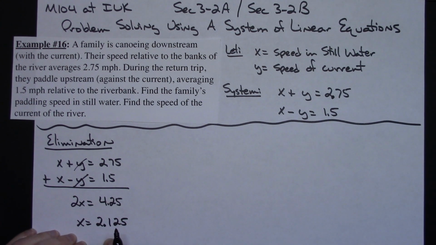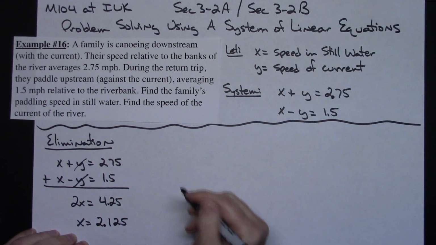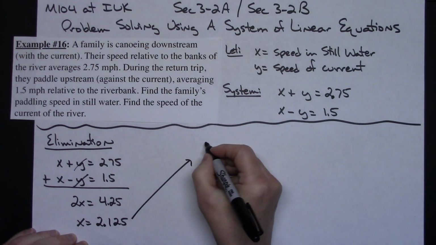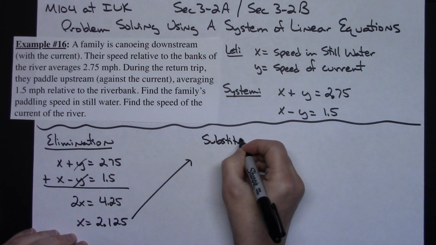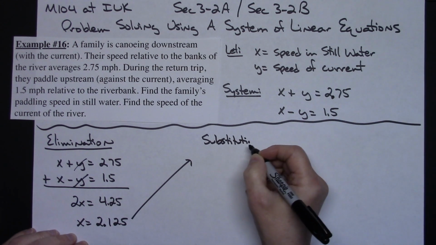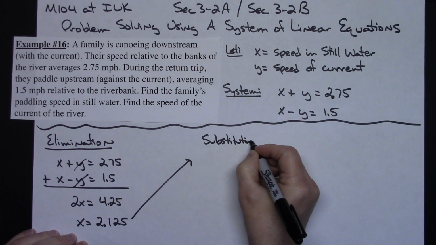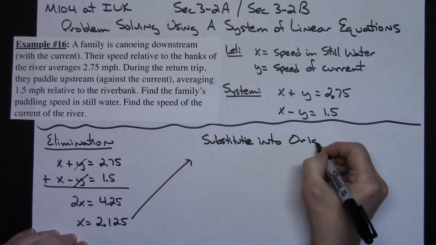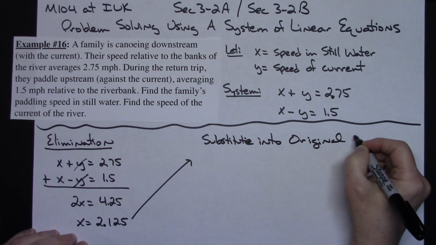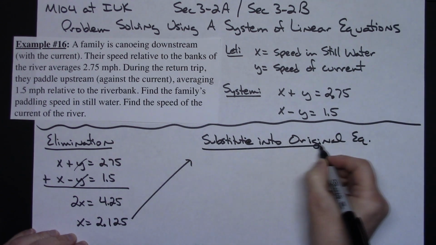Now I've already got my x right there, so I've got my speed in still water. Now I need to find y, so I'm going to plug it back into the original equation. Substitute into original equation.